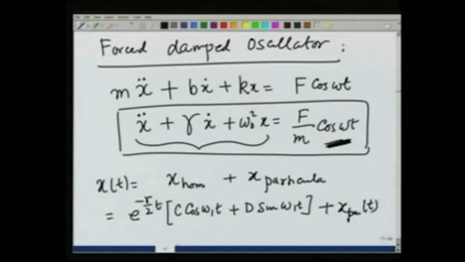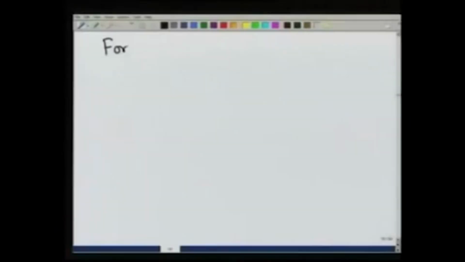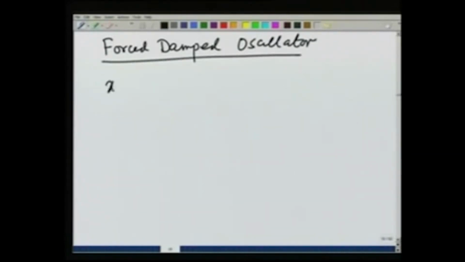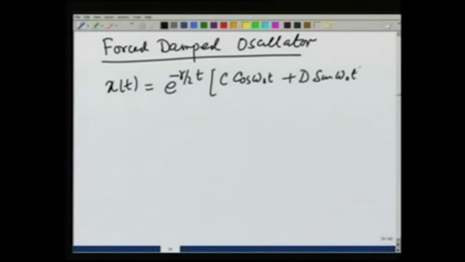So, let me rewrite the solution for a forced damped oscillator. We have x(t) is equal to e raised to minus gamma over 2 t, C cosine omega 0 t plus D sine of omega 0 t, plus x particular.